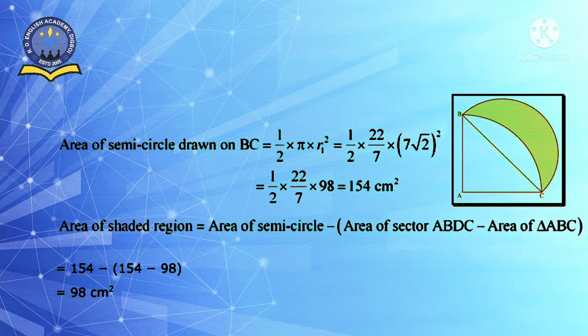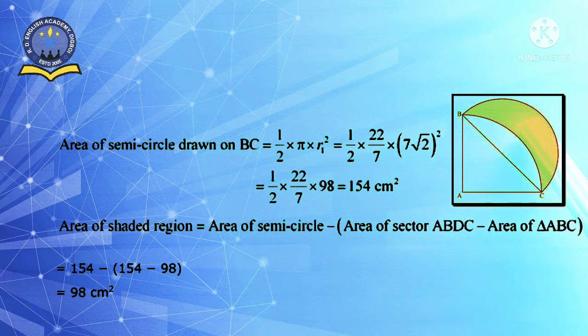Calculating 1 by 2 into 22 by 7 into 7 root 2 whole square, that is 98, and ultimately we get 154 centimeter square.